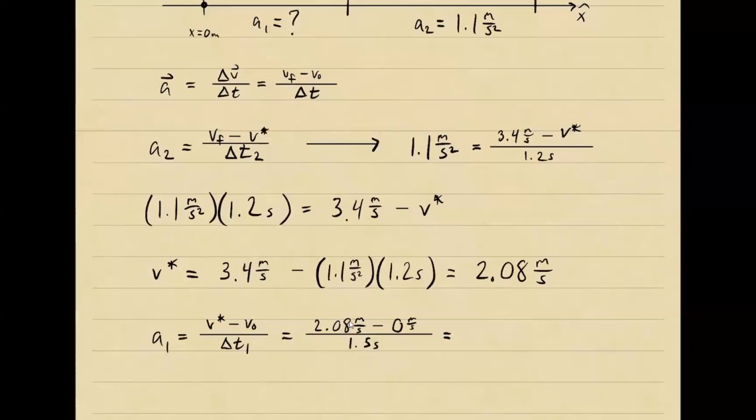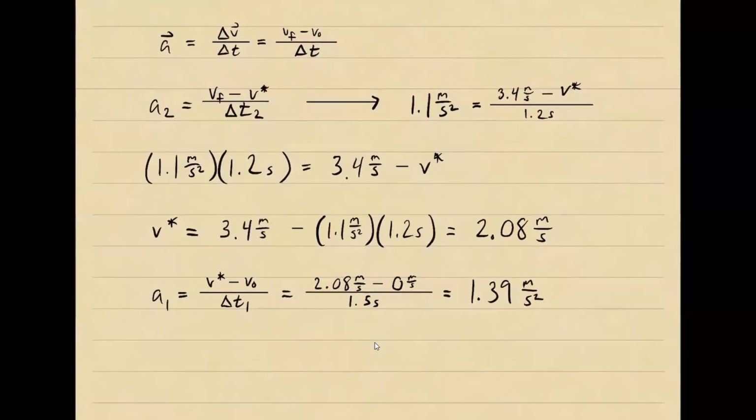So 2.08 minus 0 is just 2.08, and that divided by 1.5 gives us our acceleration for the first half of the problem. So 1.39 meters per second squared. And this is what the problem originally wanted us to find out: how fast was this football player accelerating during this first 1.5 seconds?